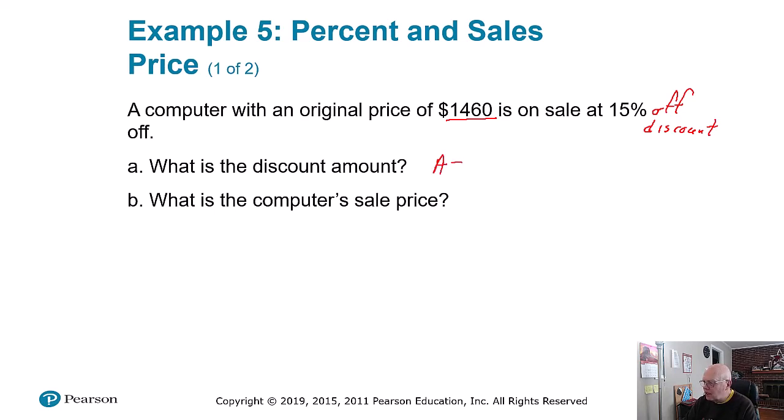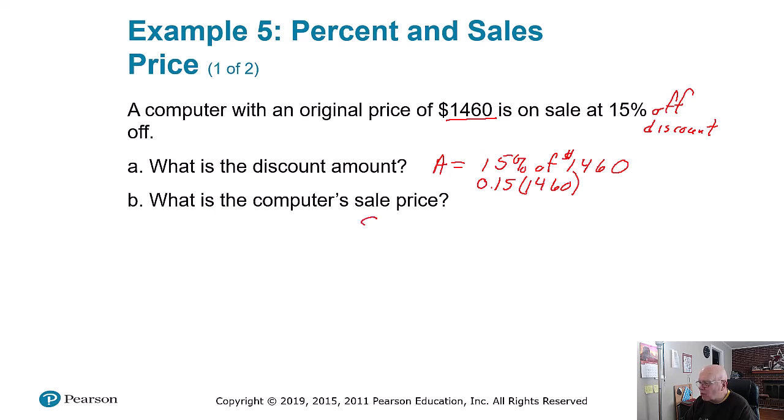The amount equals 15% of $14.60 in this case. So you'll multiply 0.15 times the $14.60, and that will give you the amount you get off of the original price.